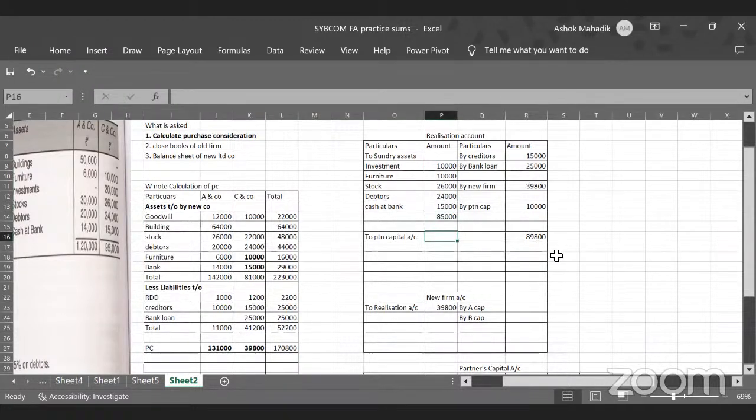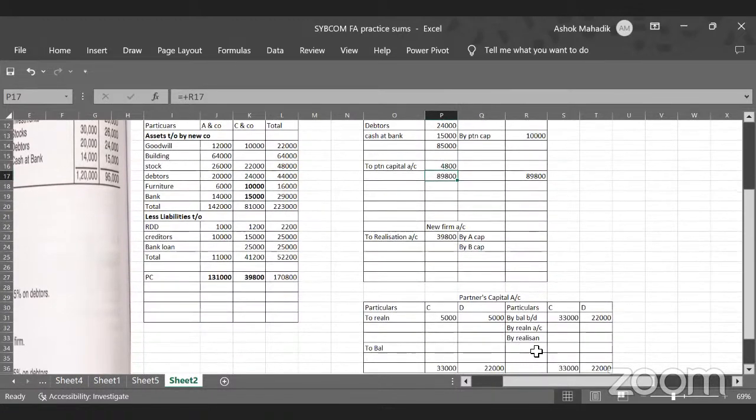So let us see what the profit is. 89,800 minus 85,000, so 4,800 is the difference that will be transferred to partners' capital account by way of realization.